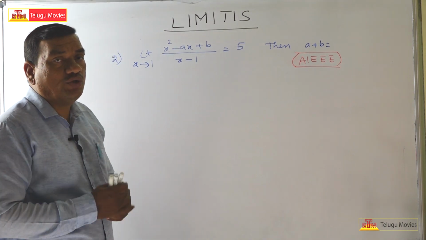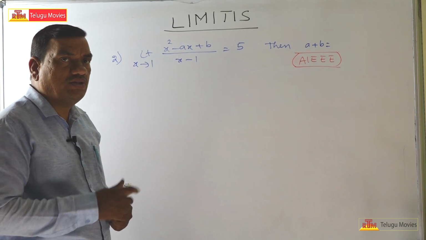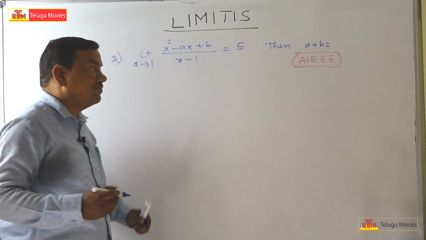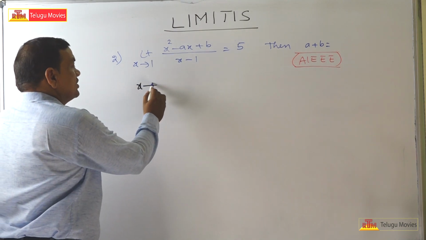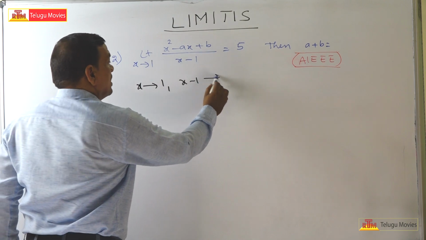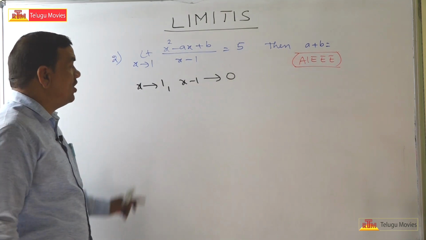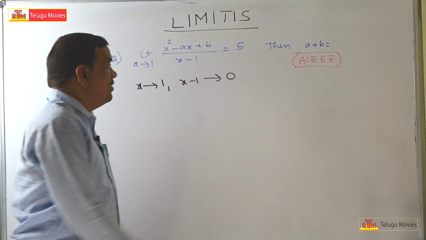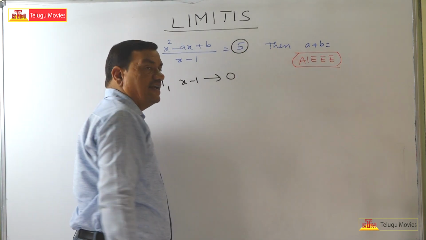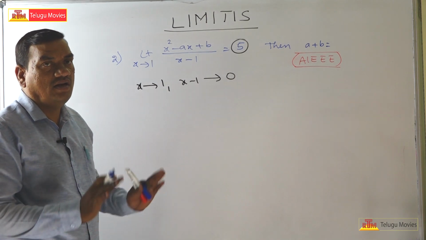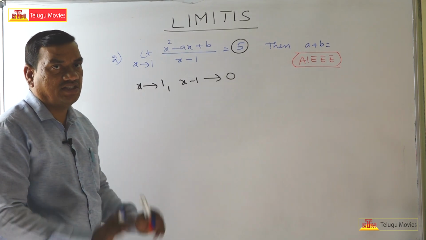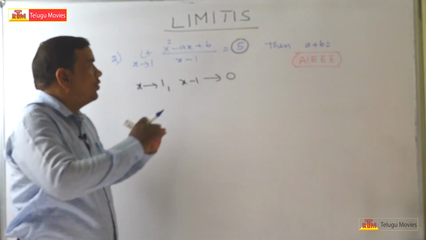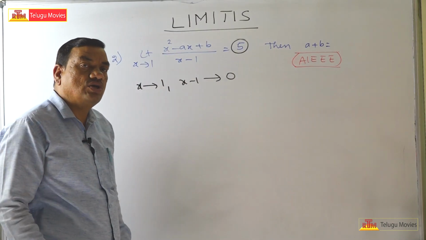As I already told you, first, as x tends to 1, observe the denominator. As x tends to 1, x minus 1 approaches 0. Right? 1 minus 1 is 0. And one more thing is, this limit exists finitely. So as x tends to 1, the denominator tends to 0, therefore the numerator value is also 0.